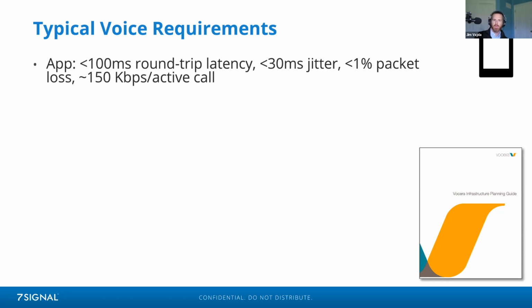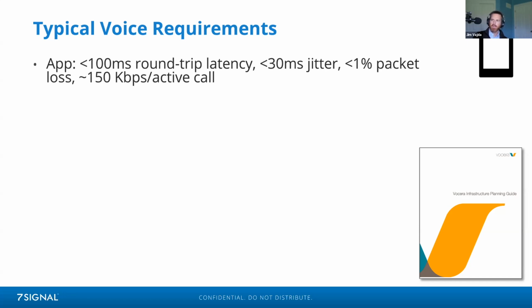Once we get above 100, some apps will say 150 milliseconds of round trip latency, that's when the latency is so big that we have those conversation collisions where we talk over each other, and that natural dynamic of pausing and allowing people to speak gets disrupted.